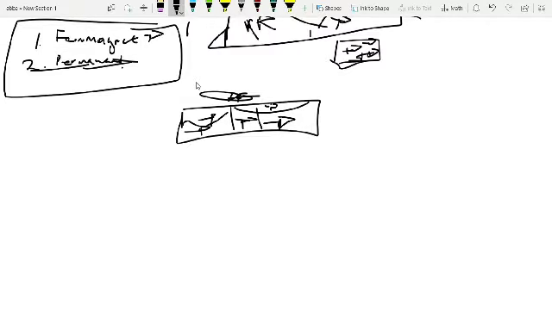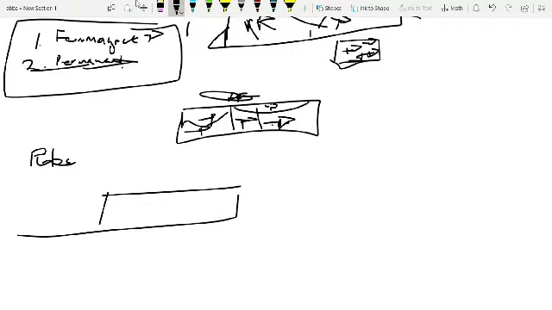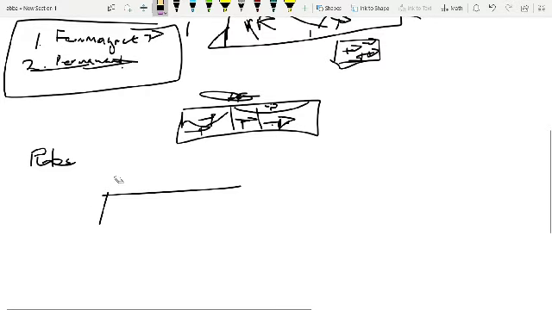Now, the permanent magnet has what we call poles, right? This is a permanent magnet. Let me do a better sketch.